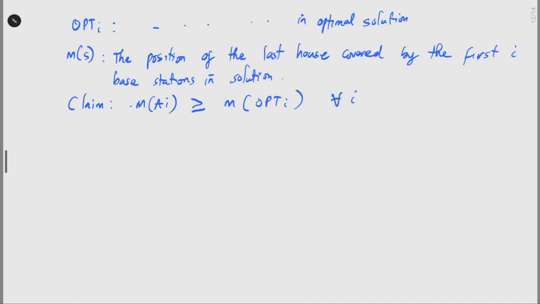Okay. Let's also suppose that we have a different definition for our measure of goodness. Let's say that our measure of goodness is the number of base stations. So if we define our measure of goodness as the number of base stations, it means that our claim now would be that the greedy would use a lesser number of base stations compared to the OPT.